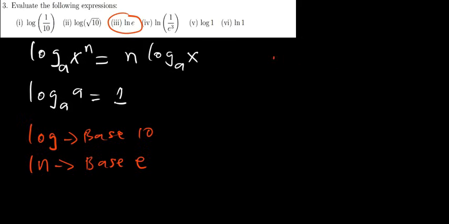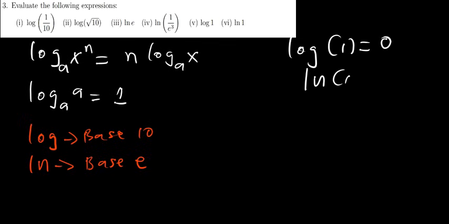Another property that we need to understand is that, regardless of any base, log 1 is 0. Same applies to ln 1, which is 0. So the answer for both of these is 0. These are the properties that you need to understand.